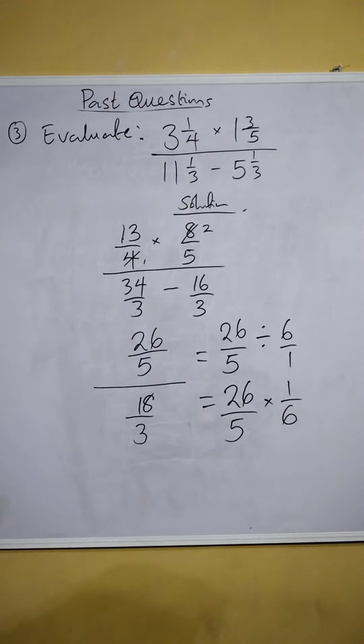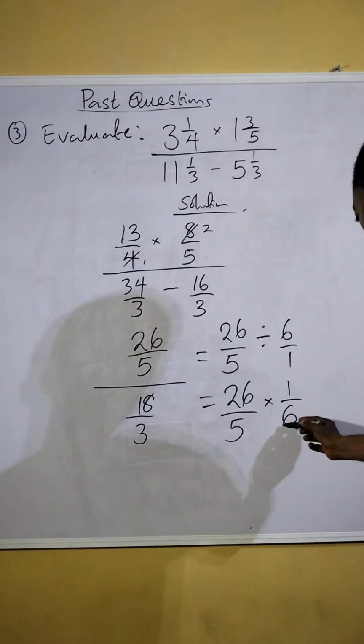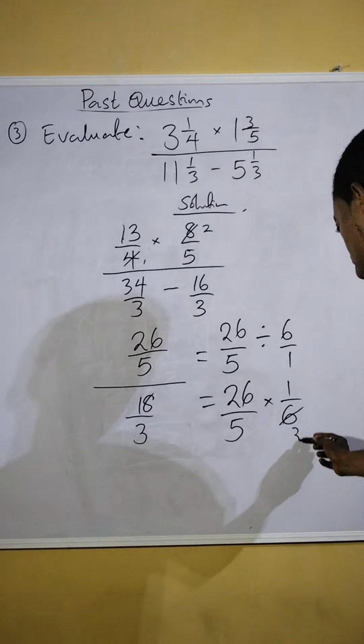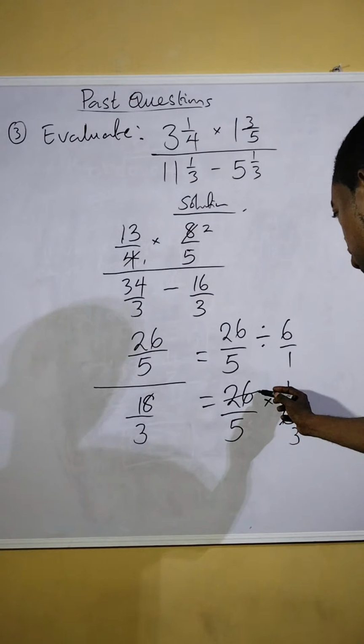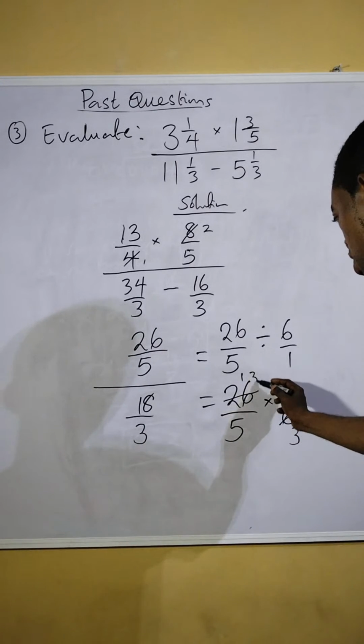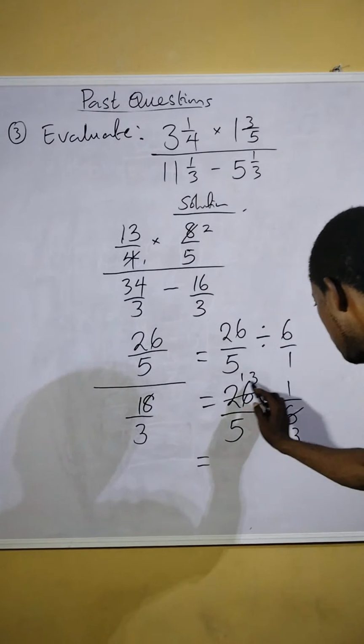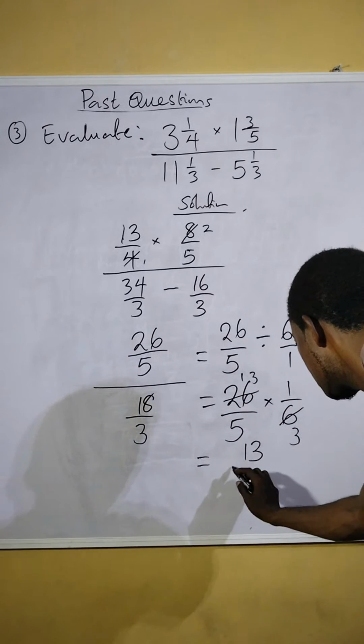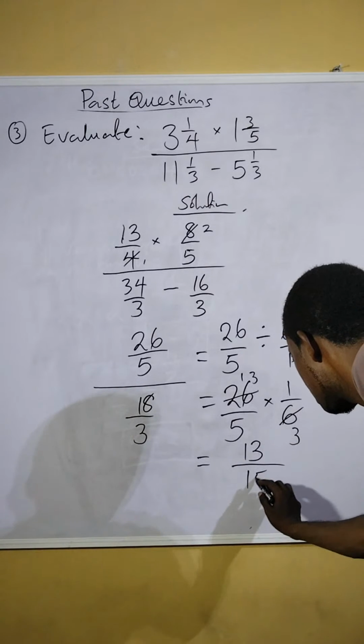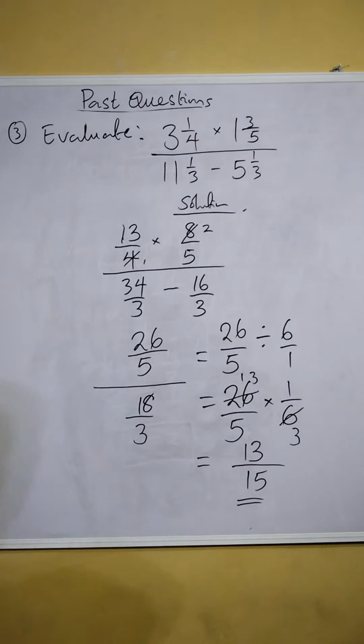Then when we simplify, of course, 2 can go in 6, that will give us 3. 2 will go in 26, that will give us 13. And what we have up will now be 13 times 1, which is 13, then over 5 times 3, which is 15. So here we have the final answer as 13 over 15 in this given fraction. So we handle fractions this way.